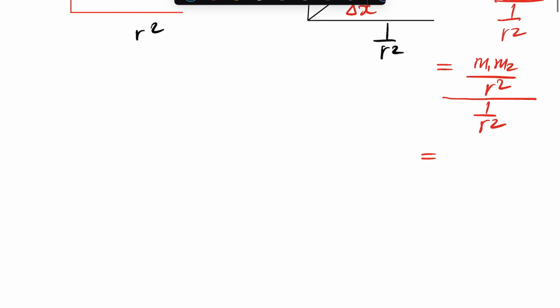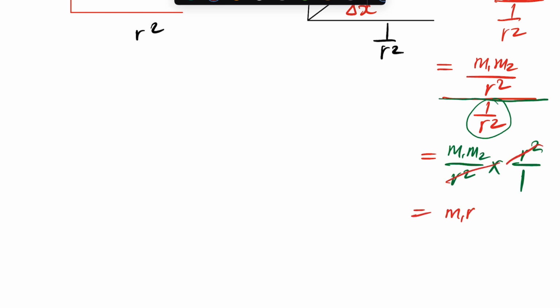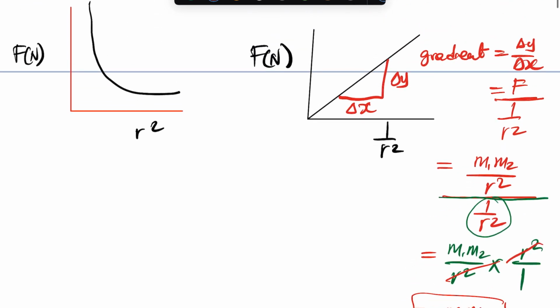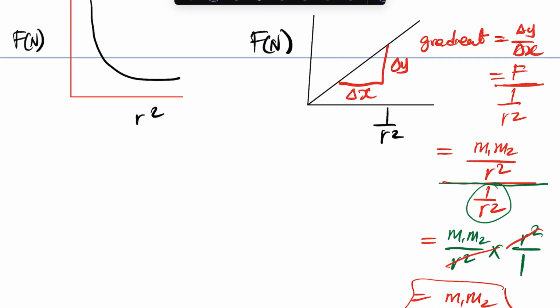It's going to be m1 times m2 over r squared, and then we change this division into a multiplication, and then we invert this, so it's going to be r squared over 1. Alright, so what cancels there? The r's cancel, you have mass 1 times m2, that's the gradient there. Very important, guys.